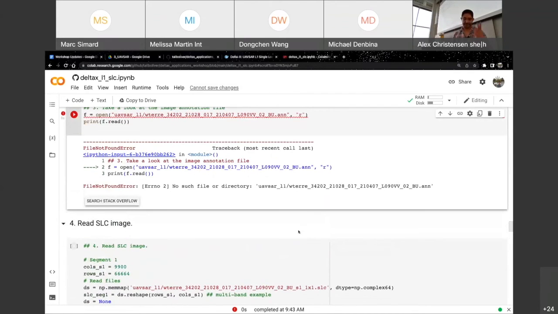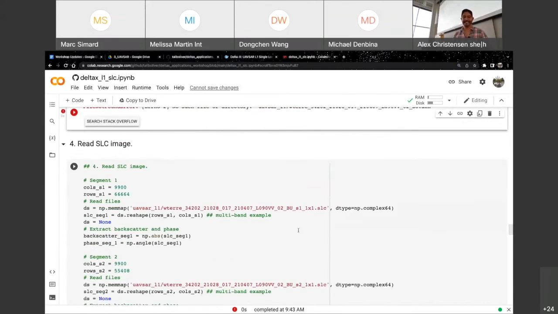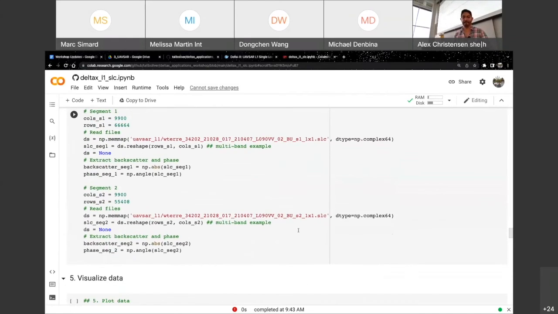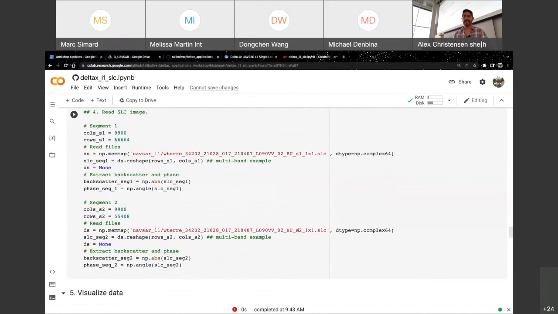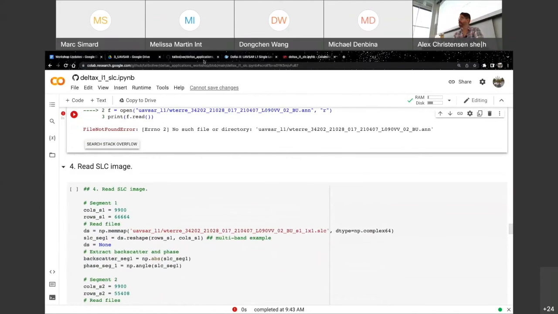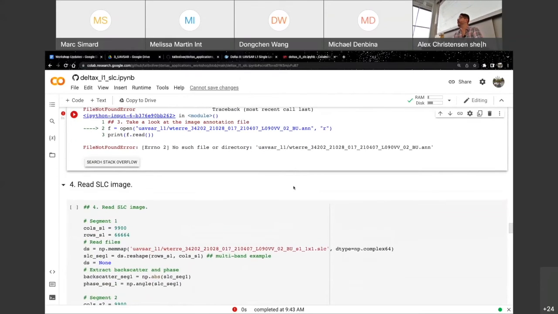So of course it doesn't find the file in the drive. But anyways, no, they don't exist in the, no, but B, remember L1B is an interferogram.